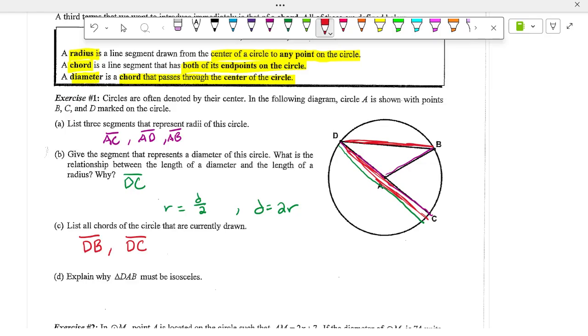All right. Finally, triangle DAB. So this triangle right here. It's asking why it is isosceles. So remember, isosceles means 2 congruent sides. So why is that triangle an isosceles triangle? Right, they are congruent. Why though?